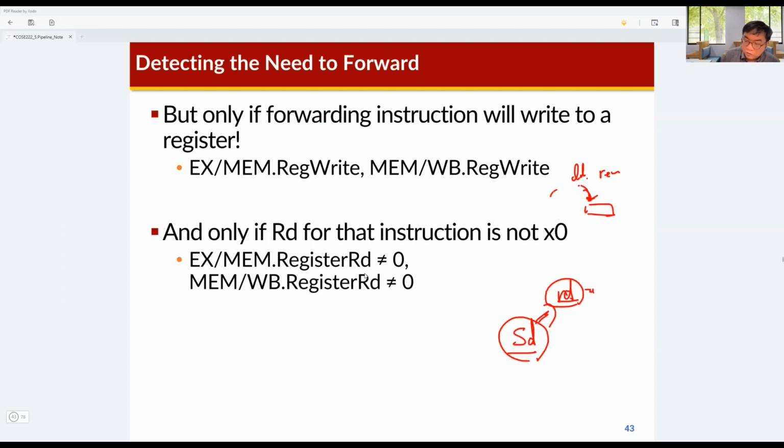But for the store instruction, RD is actually part of the immediate value.